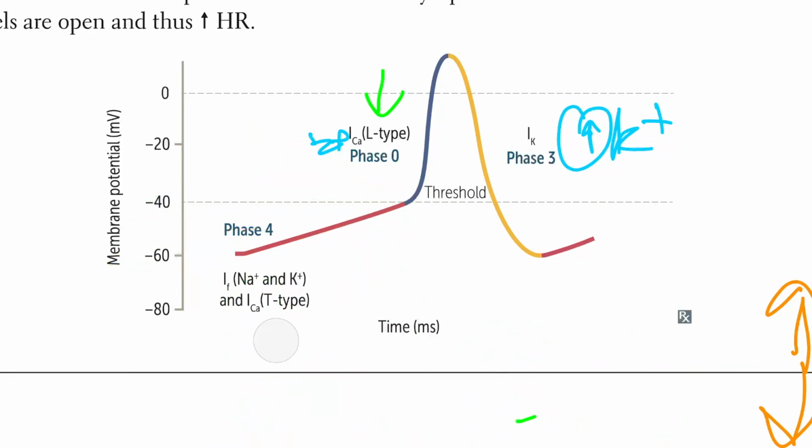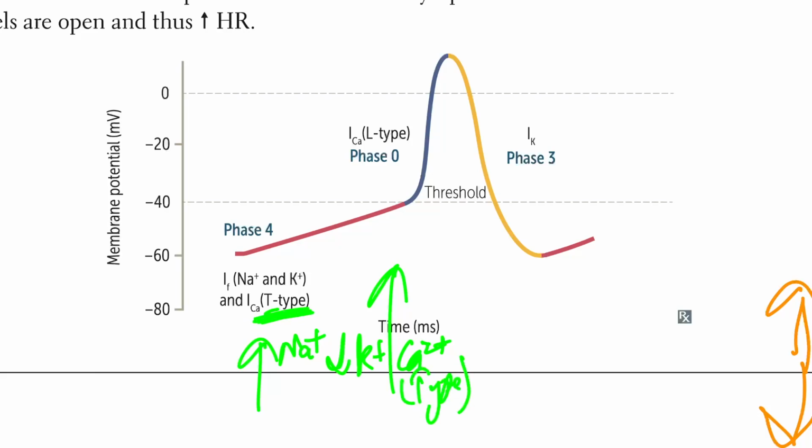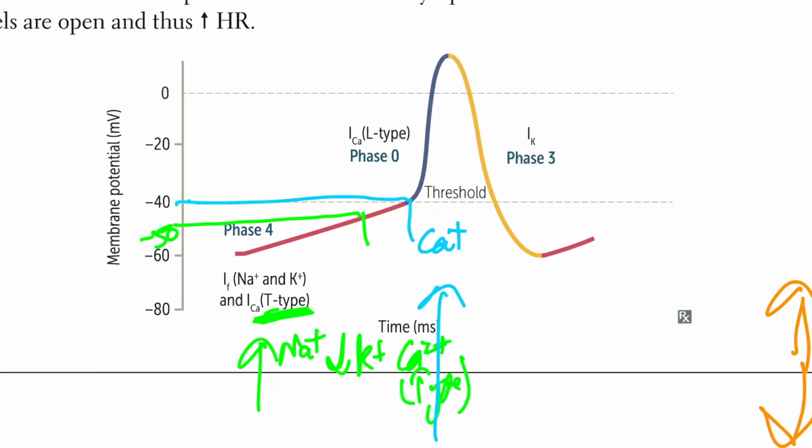So let me just quickly do a simple thing here. Here we have inward sodium, outward potassium, and again inward calcium, but another channel called T-type, mentioned here. All they want is till -50, and at -40, who's going to get activated? Let's change color. You will have activation of your calcium influx, again through which channels?